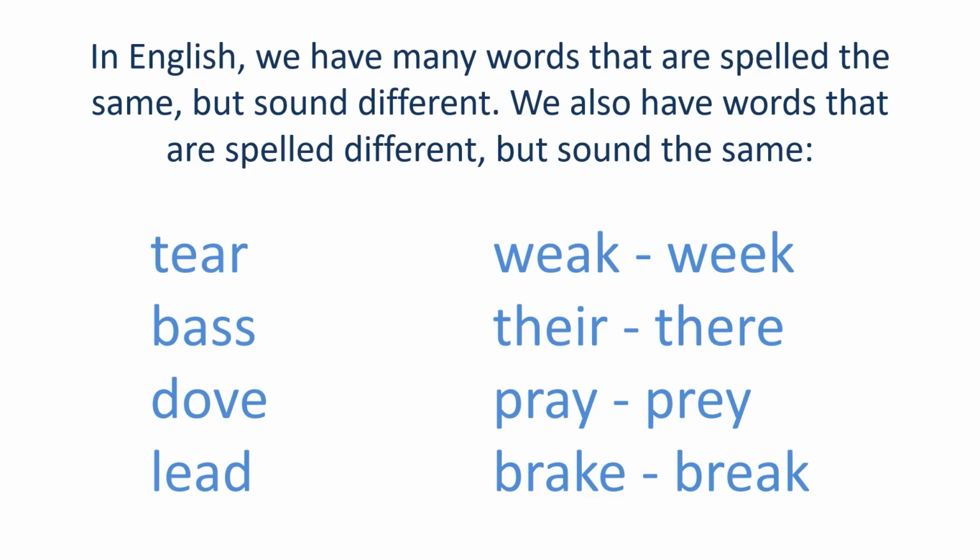We also have bass, dove, lead, and there are many, many more examples. We also have words in English that are spelled differently, but they sound exactly the same. For example, week and weak, there and their, pray and prey, break and brake. All very different words, but pronounced exactly the same.